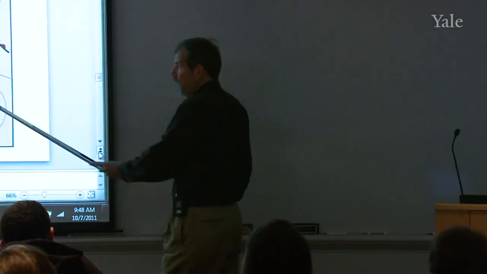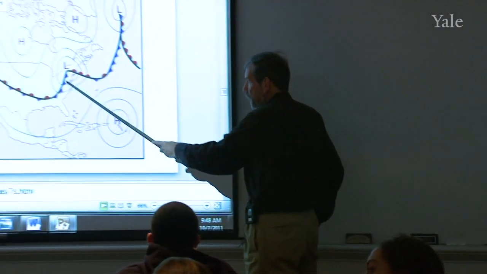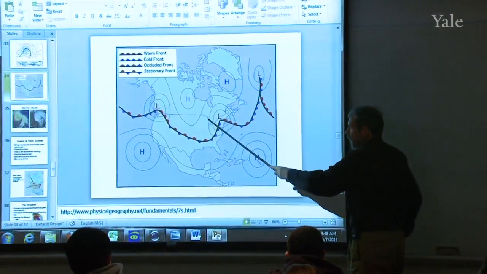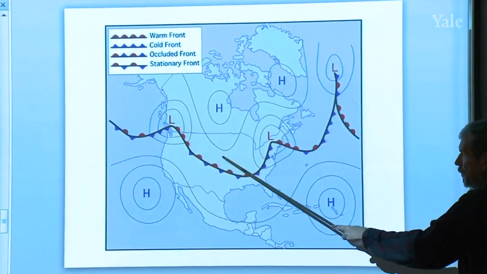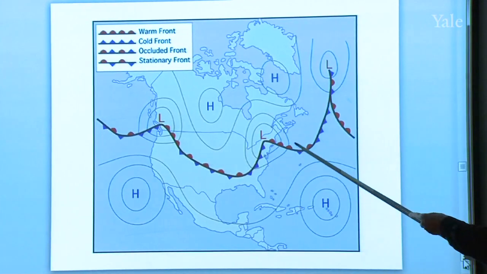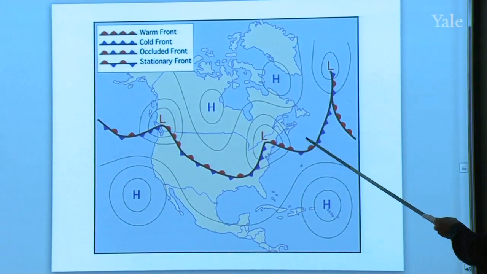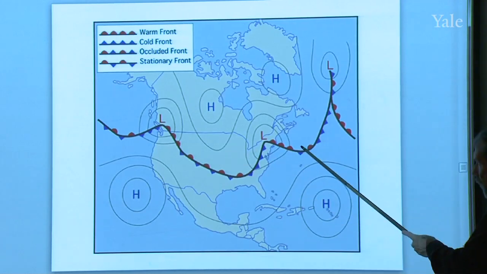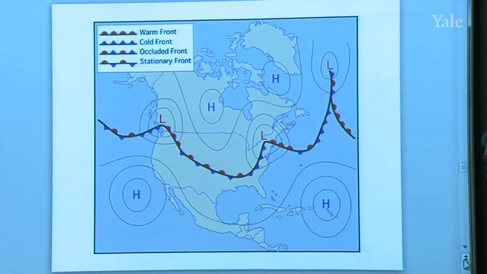You'll have a couple days of warm air blowing from the south. Some precipitation will follow. Then you'll have a couple days with cold air coming down from the north. So imagine this whole thing moving west to east while you are stationary. It's almost as if you are moving in the other direction, experiencing this and then this and then this as these things move over you.